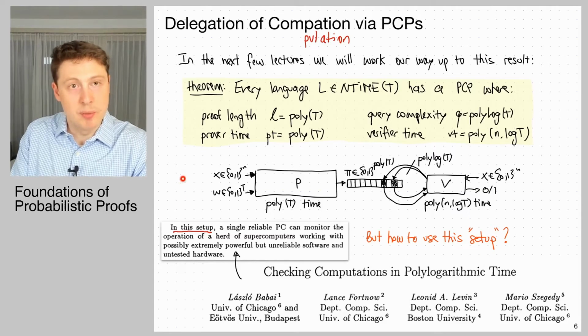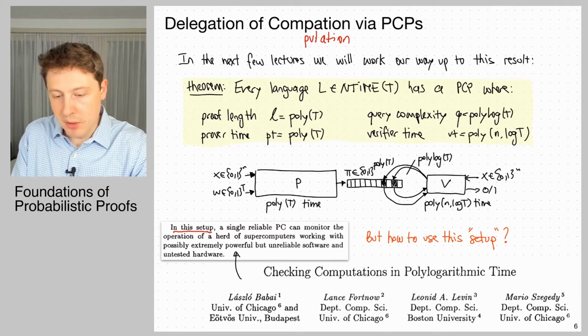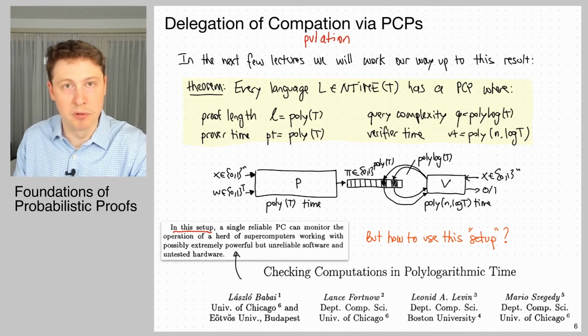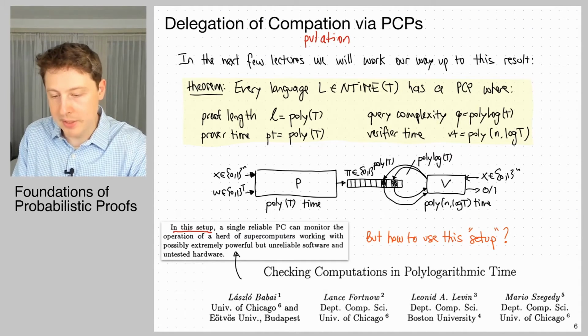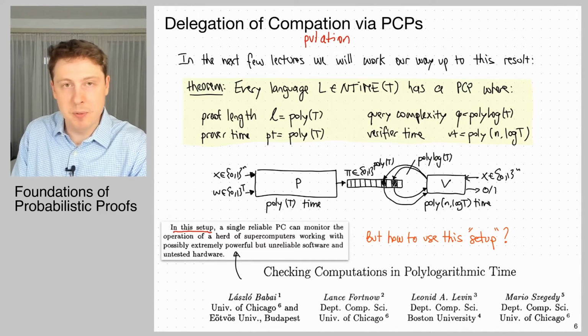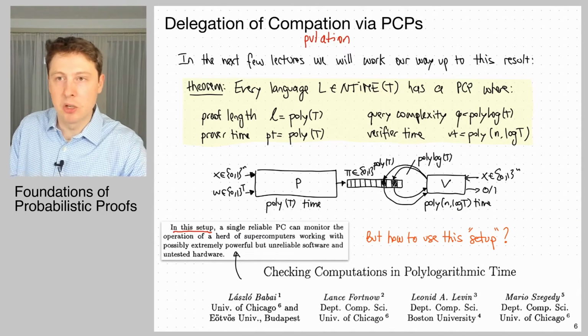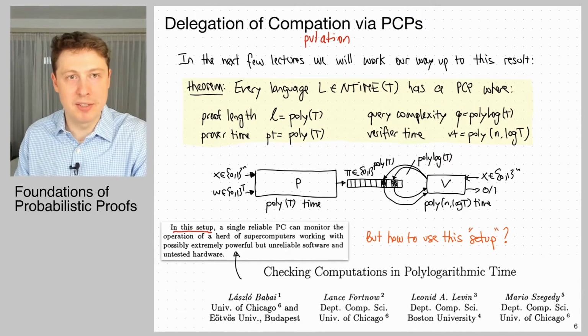Are there more questions about this statement? Notice that this is a very powerful statement. We don't expect something like this to be true for interactive proofs, because this in particular implies, for interactive proofs, we don't expect, for example, to have an interactive proof with sublinear communication for let's say 3-SAT, right?